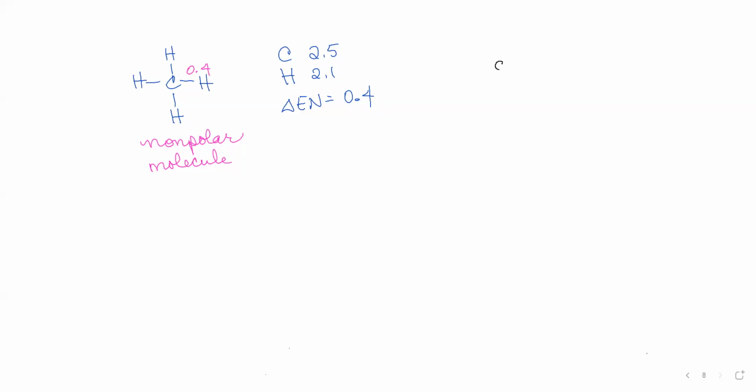Suppose I take something like formaldehyde. When we take a look at formaldehyde, we have the values for carbon and hydrogen, but oxygen has a value of 3.5. So this carbon-oxygen bond right here has a change in electronegativity of 1.0. And if we draw our dipole moment, it's going to pull towards the oxygen because oxygen has a larger value.